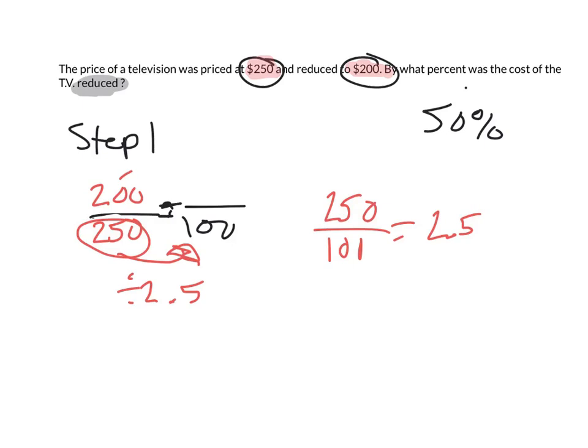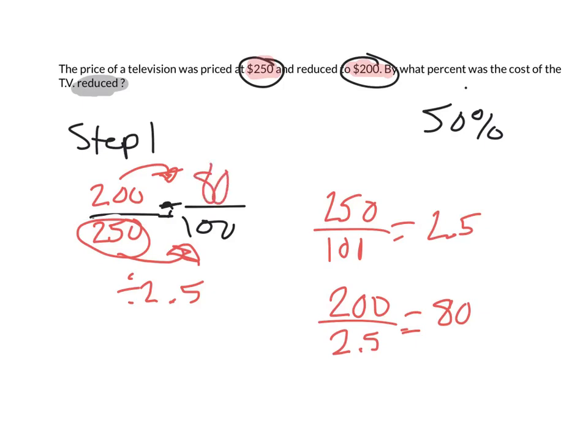So whatever I do at the bottom, I have to do the top. So now I need to figure out, well, what is 200 divided by 2.5? Okay. And that's going to come out to 80 when you punch it in your calculators. So I know that this number is 80.